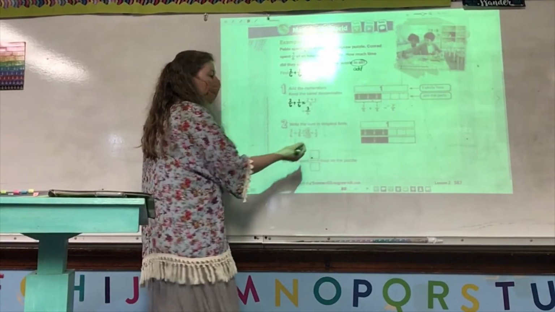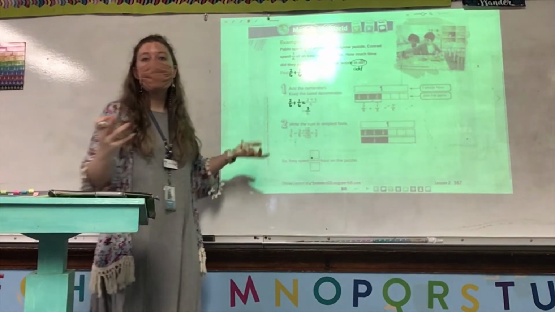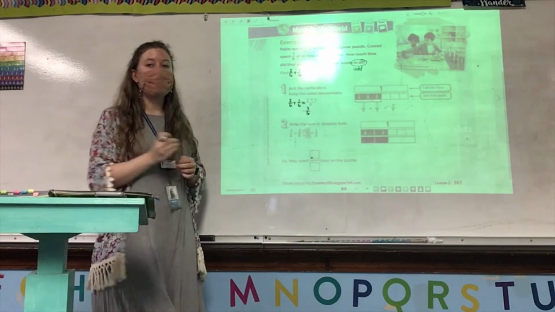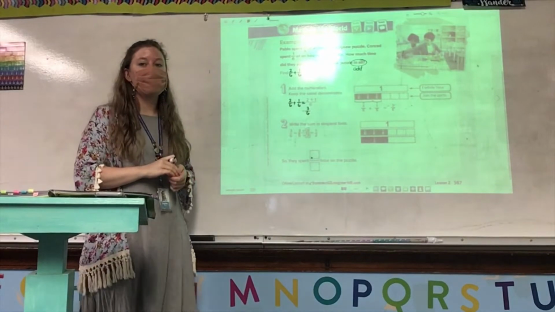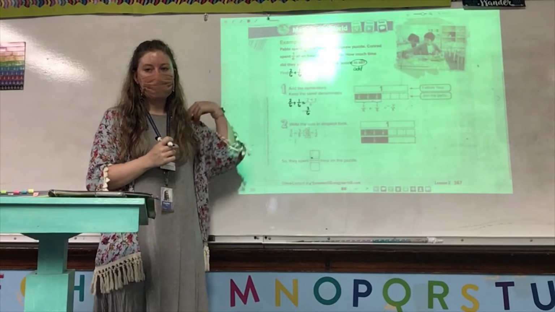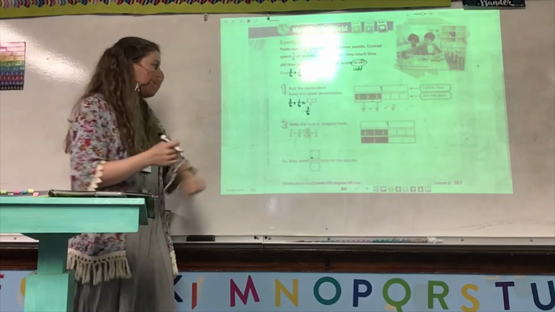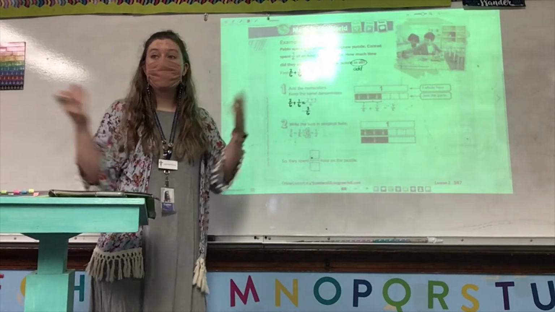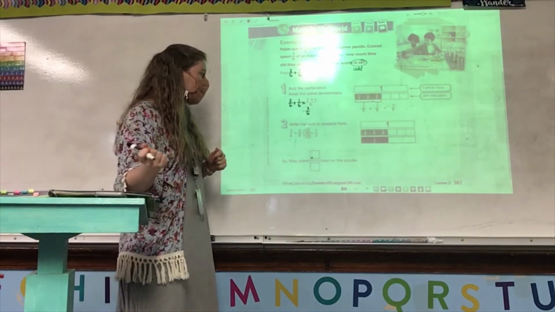So the denominator of our sum is? 6. Sorry, I said the denominator of our sum is 6. So that means 2 sixths plus 1 sixth equals 3 sixths.